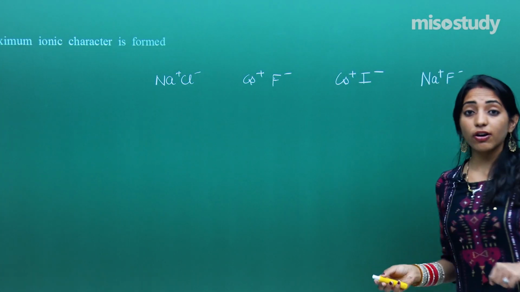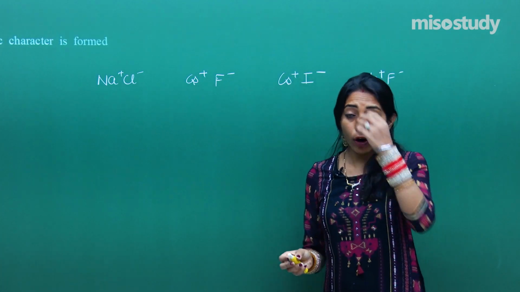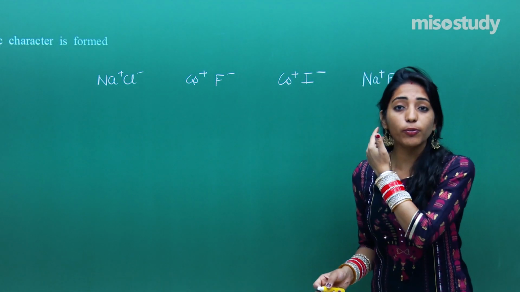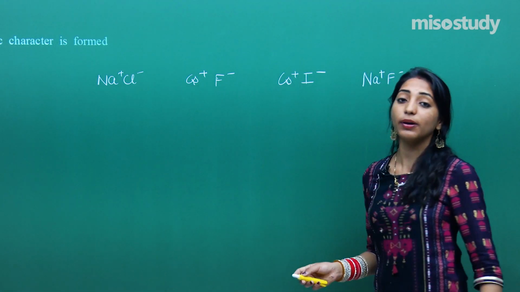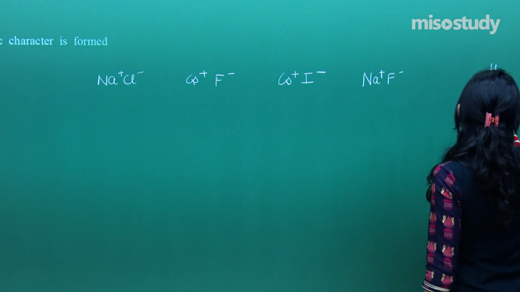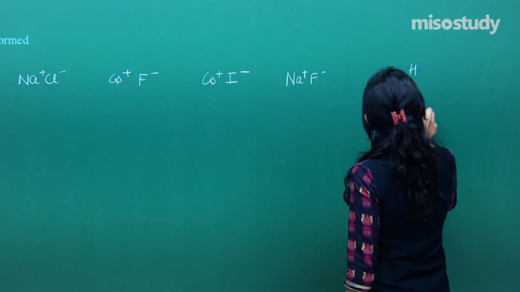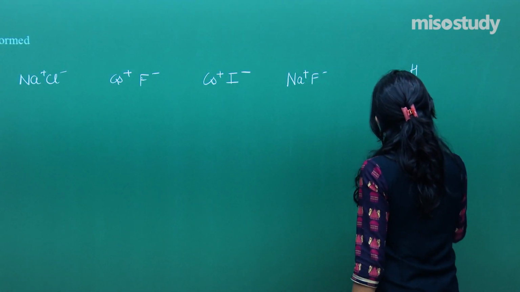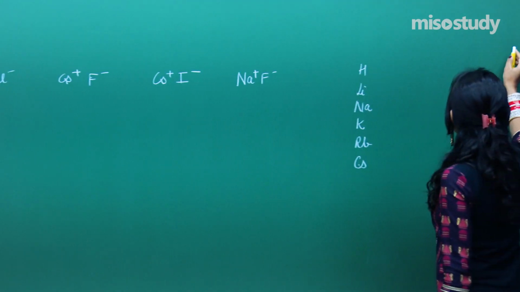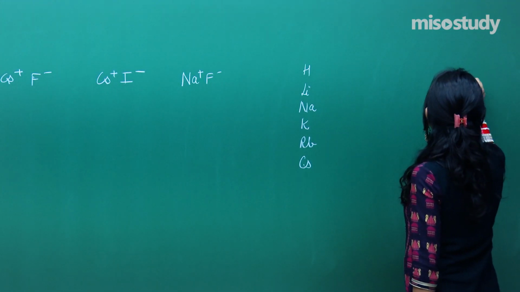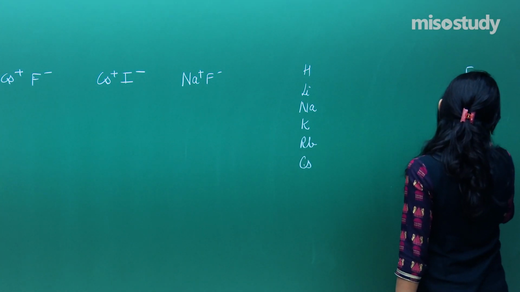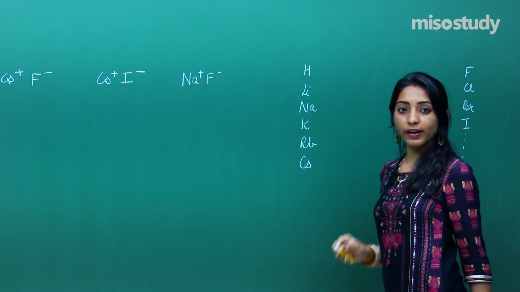You can see on the board that the ionic compounds I am forming are generally formed by taking the cation from group number 1 and the anion from group number 17. So I write lithium, sodium, potassium, rubidium, cesium, francium, and on the other hand fluorine, chlorine, bromine, iodine, and so on.